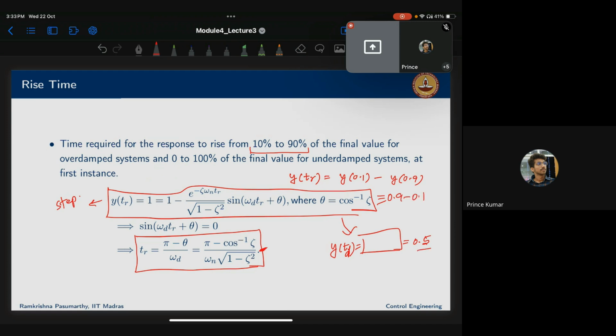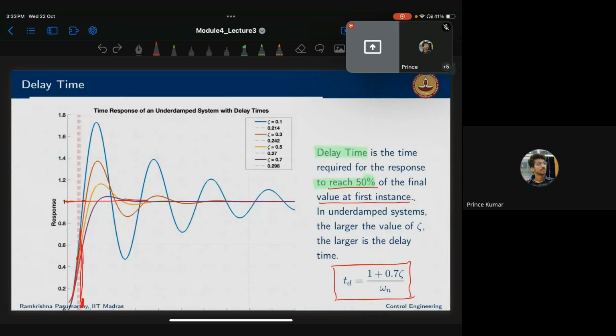Now this is equivalent to 0.5. If you substitute, you will get Td as 1.07 zeta by omega n.